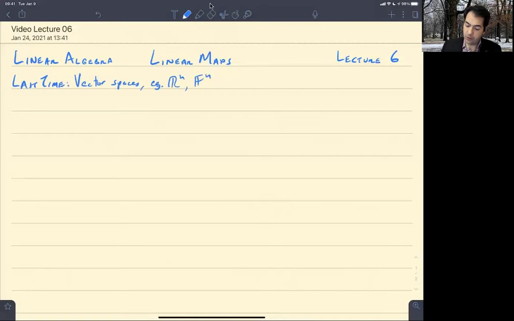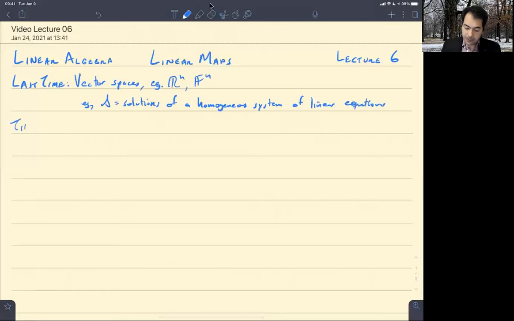And we saw another example, solutions of a homogeneous system of linear equations. Right? So as we've mentioned a few times already, everything in this class ends up coming back to solutions of systems of linear equations. Okay, so that's what we talked about last time.